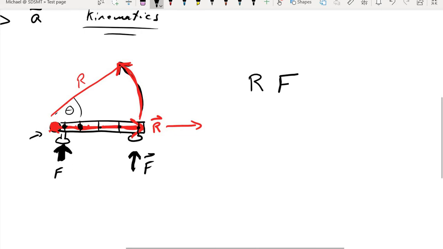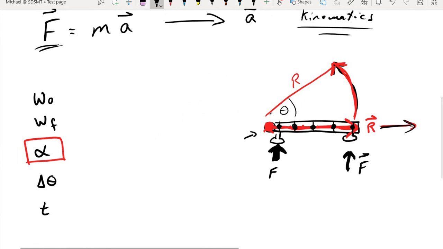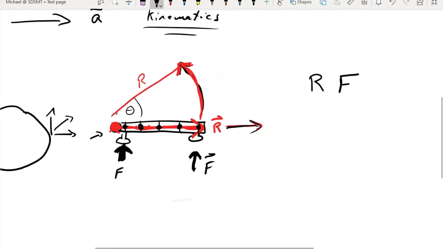So R is not only the placement of where our force vector will be applied, but it also has a vector direction associated with it. And then you'll remember we said that the orientation of the force matters. How do we apply that force?